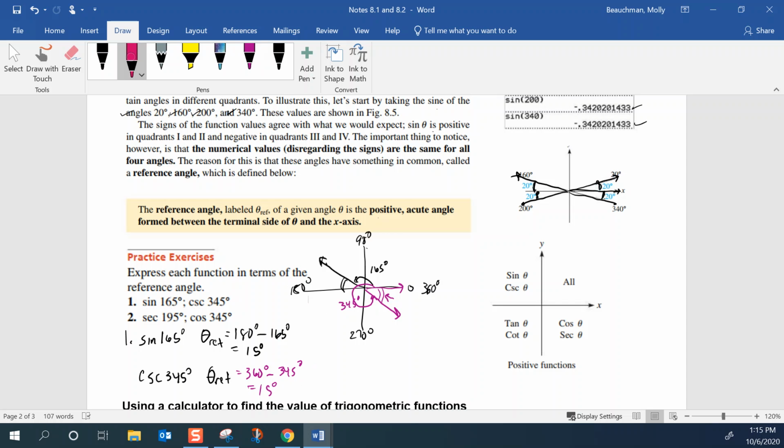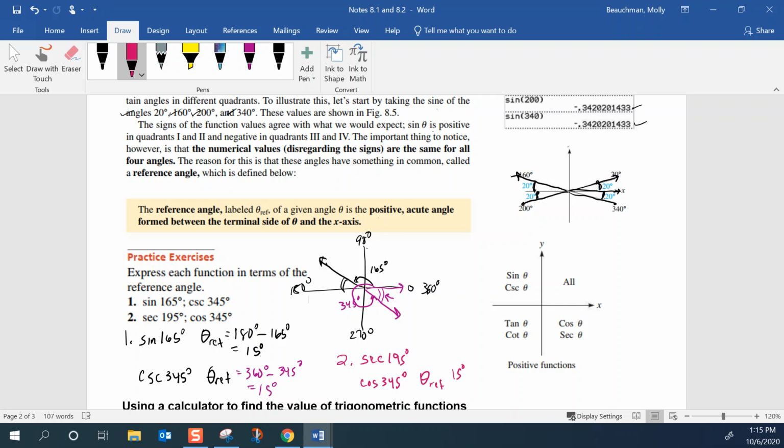Question 2. We want the secant of 195 and then cosine of 345. 345 is the same as in the cosecant, so that's going to have a reference angle of 15 degrees.